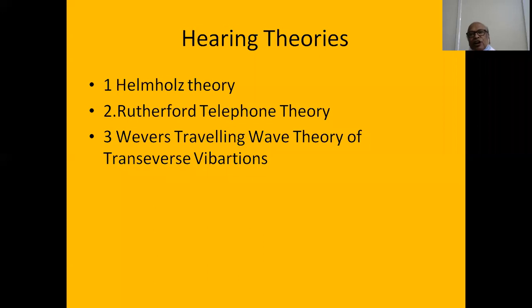That is why this is also called place theory. Just like the strings of a piano, for a particular frequency, a particular place is there. This theory states there is a particular place for a particular frequency in the basilar membrane too. So if a particular frequency is presented, a particular place in the basilar membrane is stimulated.